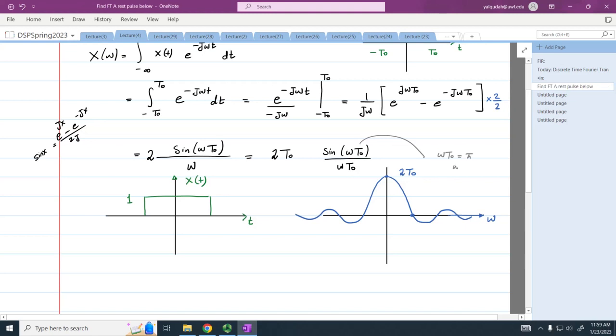So what is omega going to equal to? Pi over t0. Agree? So this is pi over t0. Similarly, this is going to be 2 pi over t0, 3 pi over t0, etc. Okay, so this is the spectrum of a rectangular pulse.